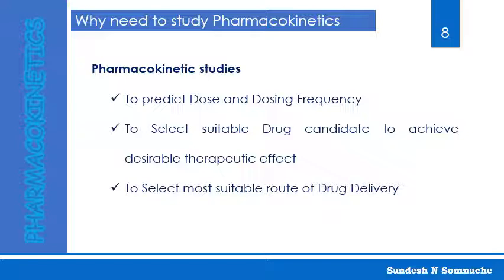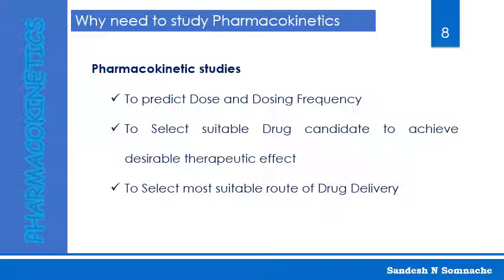Then, to select the most suitable route of drug delivery or drug administration. Pharmacokinetic data, that is the process of absorption, the metabolism, how the drug gets distributed and how it gets excreted.